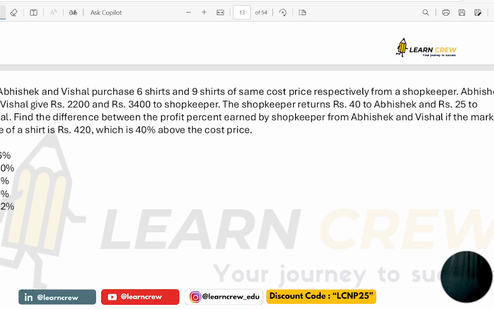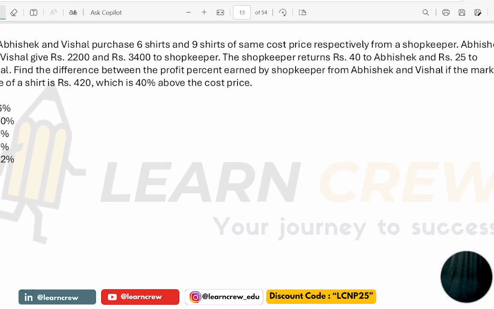Next, Abhishek and Vishal purchased 6 shirts and 9 shirts of the same cost price respectively from a shopkeeper. Abhishek and Vishal give 2,200 rupees and 3,400 rupees to the shopkeeper. The shopkeeper returns 40 rupees to Abhishek and 25 rupees to Vishal.